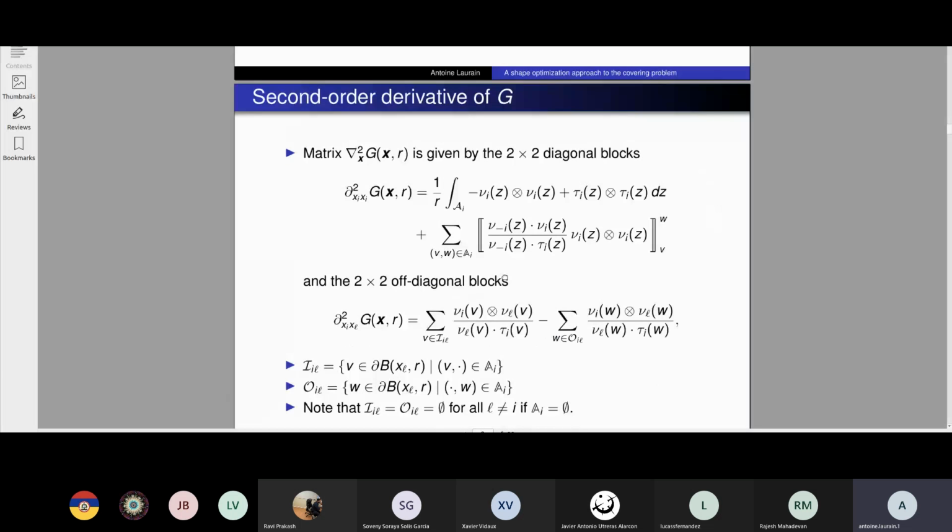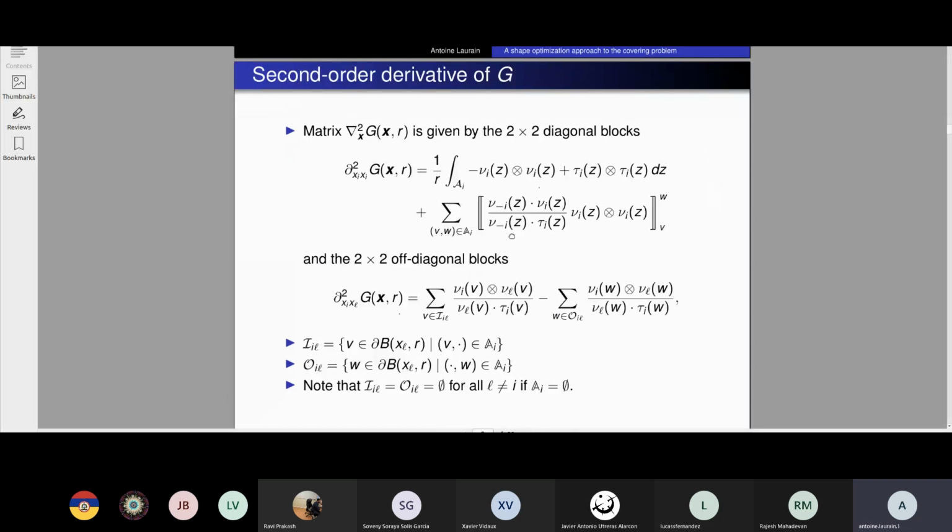But as I said, it's difficult to understand these formulas like this in this talk. But the important part is to understand that all of these are simple geometric quantities that you can compute in numerical algorithms.